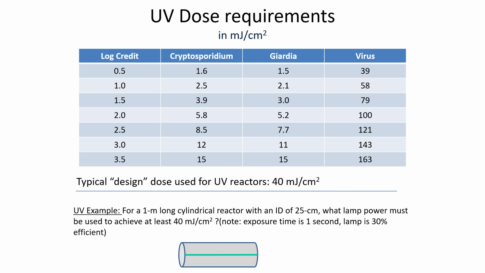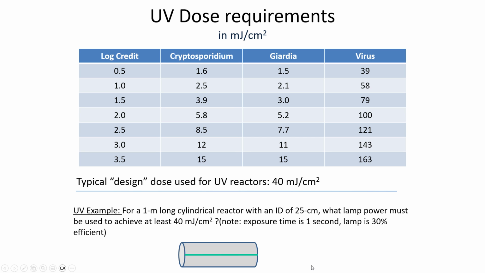So it would be 0.040 joules per square centimeter multiplied by 7854 centimeters squared. So that's 314.2 joules that has to be applied.